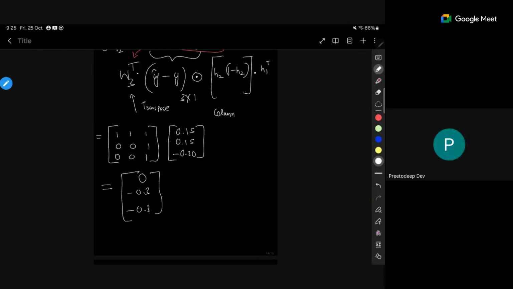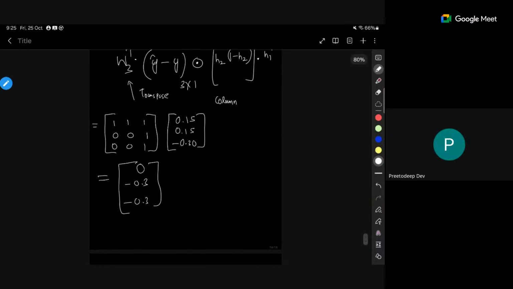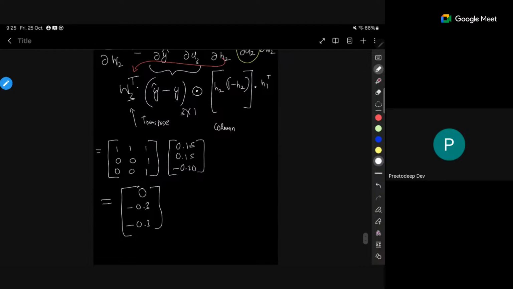So the first element will be 0, because I'll do multiplication with 1, taking a row of this and a column of that and doing the multiplication. Fine.